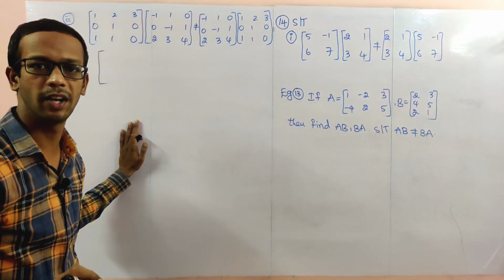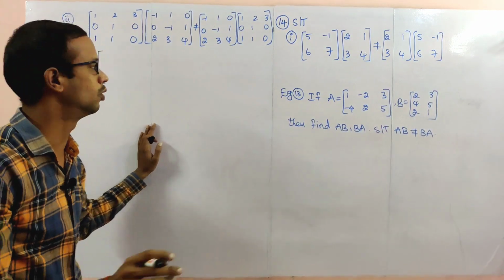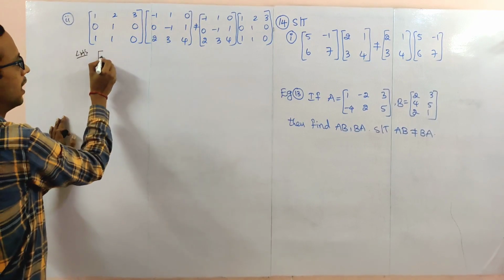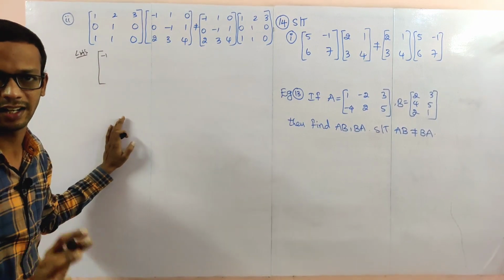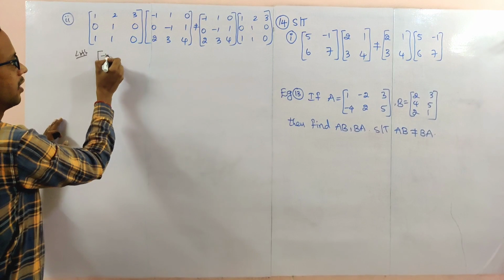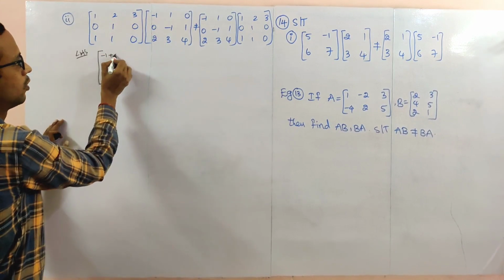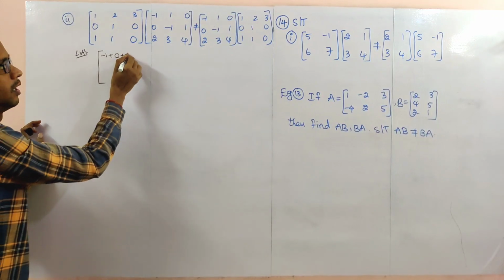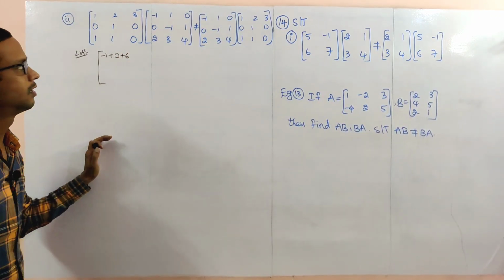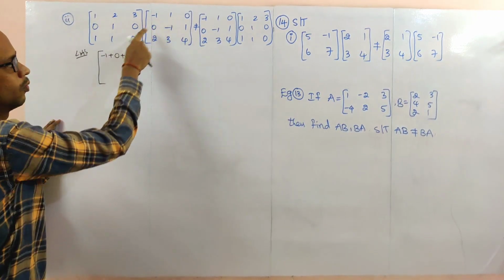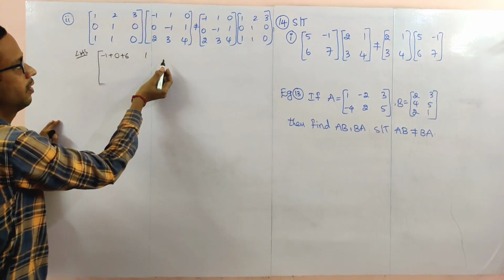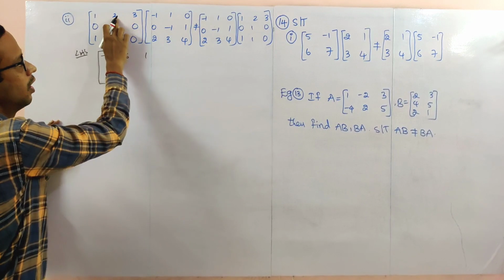Multiplication. How to do the multiplication? Row by column method we will use. So row by column: 1 into minus 1, minus 1. Directly writing here, concentrate and see. Plus 2 into 0 is 0. Plus 3 2s are 6. Next, first row, second column: 1 into 1, 1.